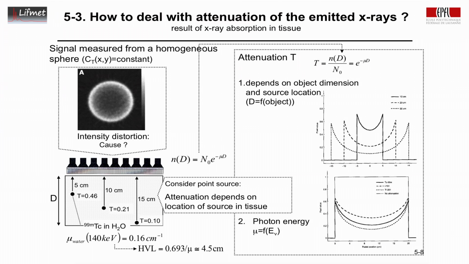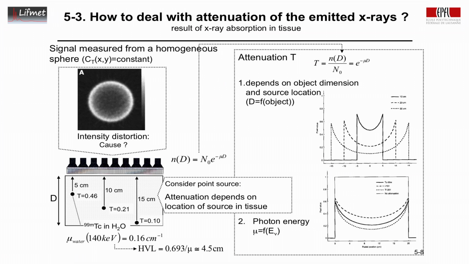There's a second consequence: this attenuation depends on the specific radioactive substance that we're using, the specific gamma emitter. We have here, in the solid line, metastable technetium-99. The dashed line is iodine-131, and the small dashed line here is thallium-201. And you can see that there is a difference in attenuation based on the type of isotope.